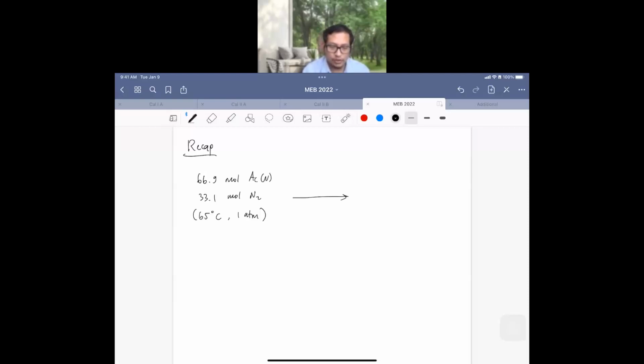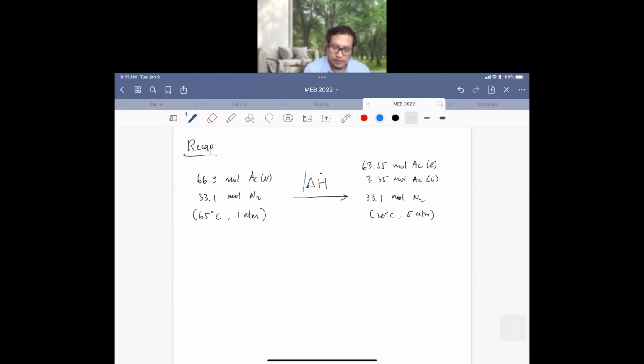Then it converts this vapor into liquid acetone, with still a little bit of acetone vapor, and the nitrogen doesn't change, and we have the second state, which is 20 degrees and 5 atmosphere. So what we are doing is finding the delta H between these two states, right?